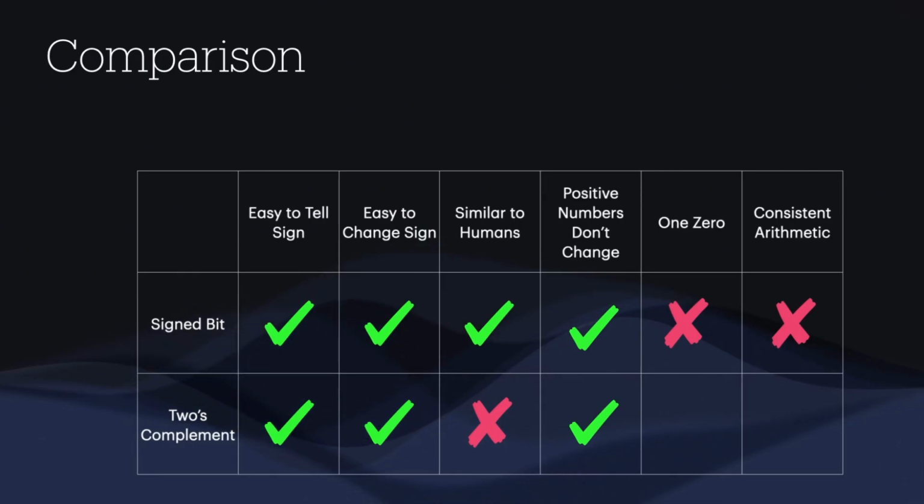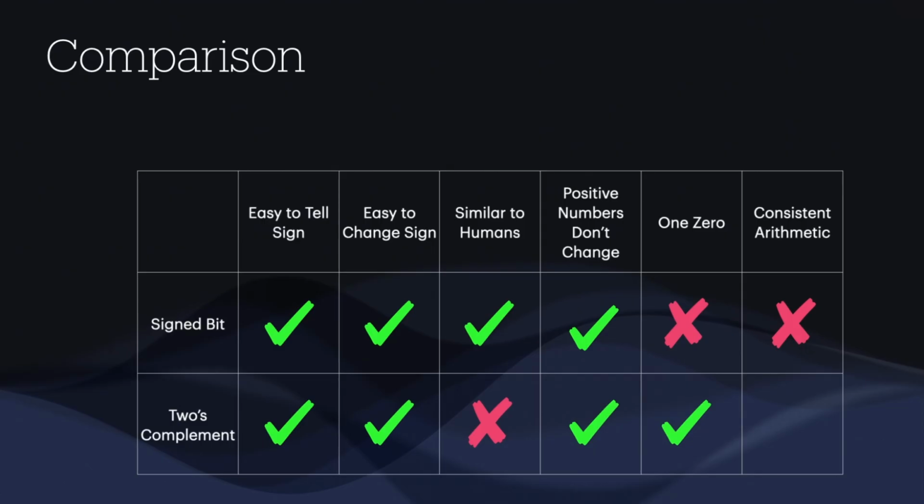Additionally, just like before, the positive numbers never change. We are only manipulating the right side or negative side of the number line. We also fixed 1, 0 by subtracting 1 from the value representation. And lastly, you get consistent arithmetic now.